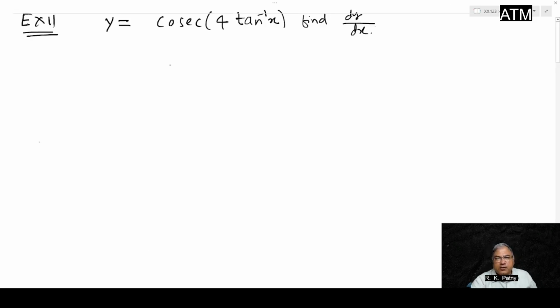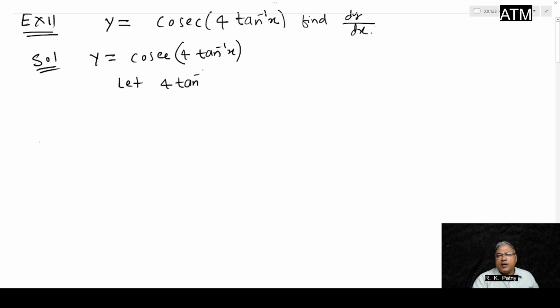Next example, y equals cosec of (4 tan inverse x), find dy by dx. Solution. We have y equals cosec of (4 tan inverse x). Let 4 tan inverse x equal f of x.